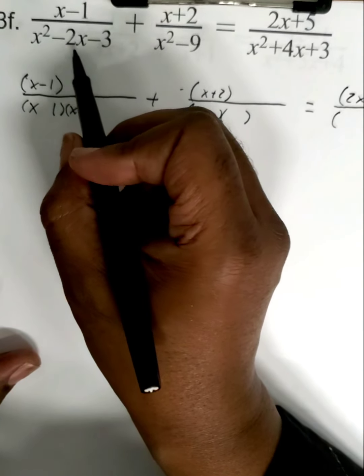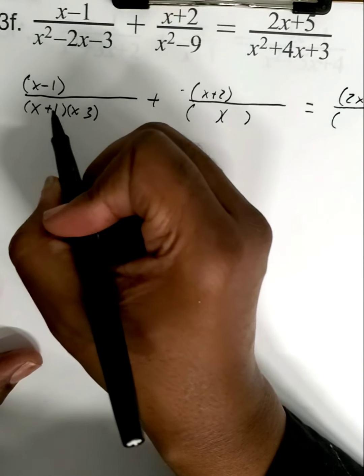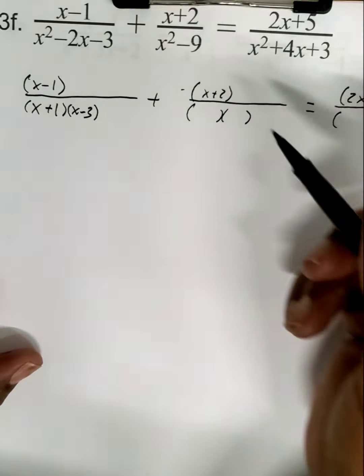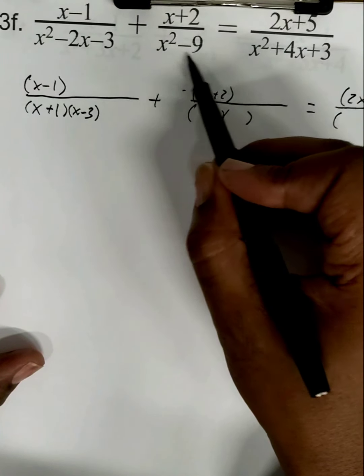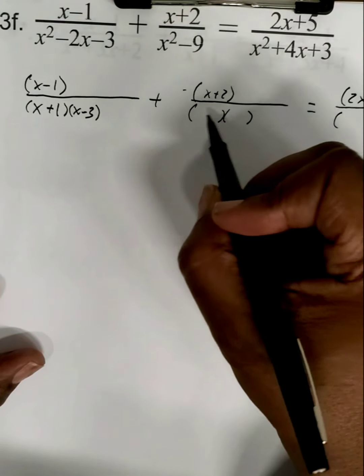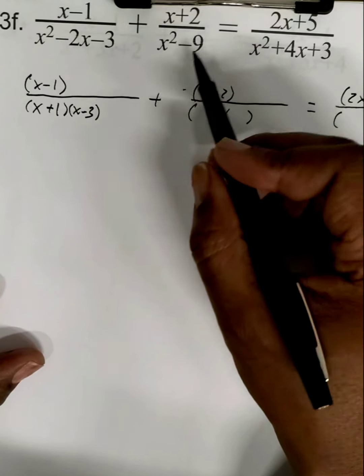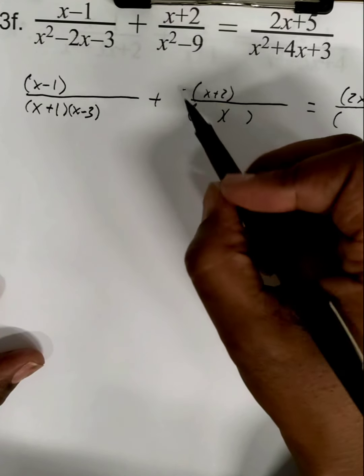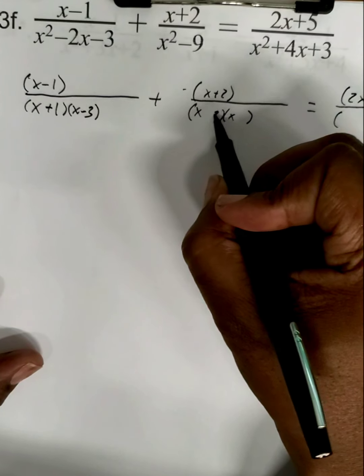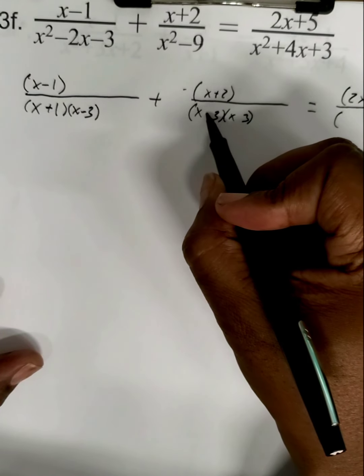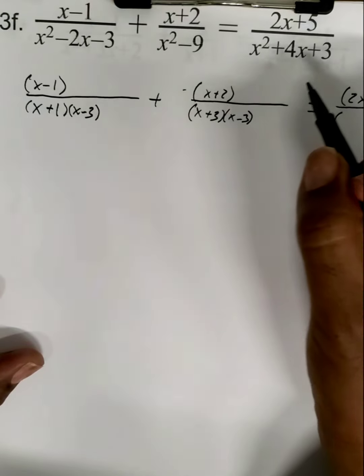And since we have a negative 2, we're going to make the 1 positive and the 3 negative. The x squared minus 9 is a difference of two squares, so we'll get a conjugate out of that. So the square root of x squared is x, and the square root of 9 is 3. So we'll have 3 here, and we have plus and minus.